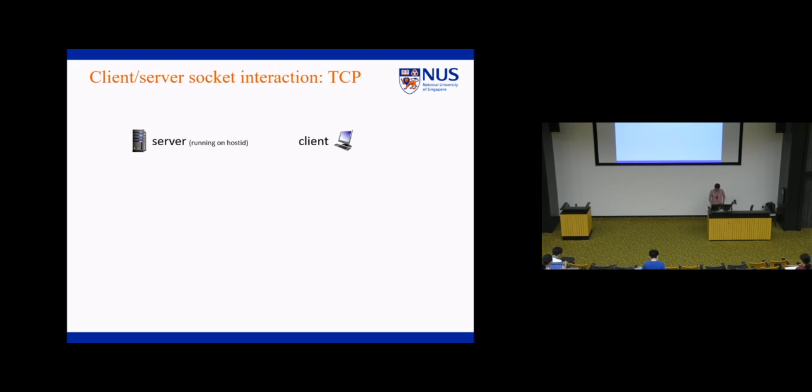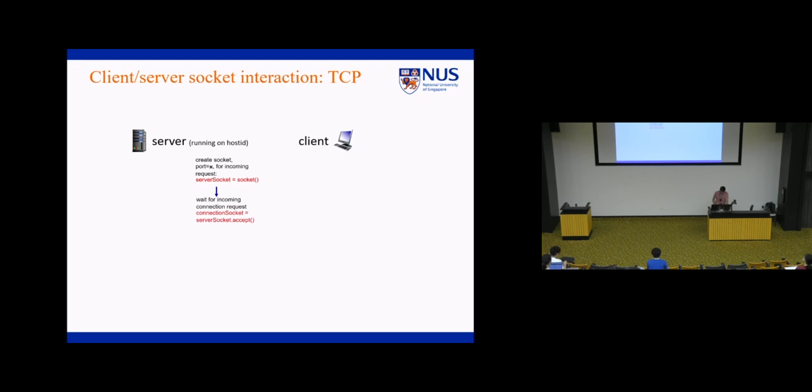So now let's see the diagram of TCP client-server interaction. Again, we have our server and our client, and the server creates a socket at some port number for incoming requests. Remember that unlike UDP, TCP is connection-oriented. That means before the client and server can send messages to each other, they need to do the three-way handshake of TCP and establish a TCP connection.